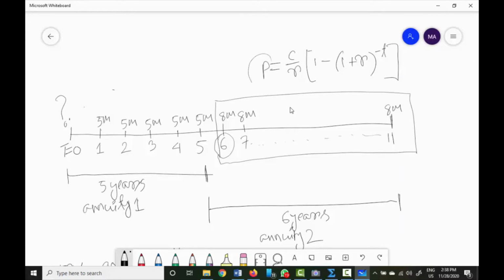The present value that we get when we use this formula, we will receive at period 5, not at period 0.